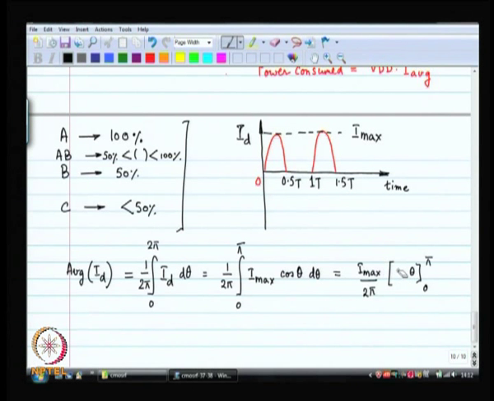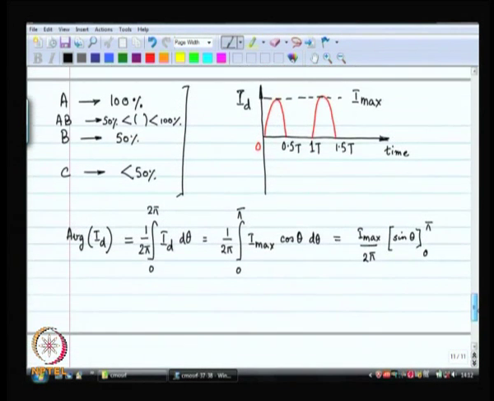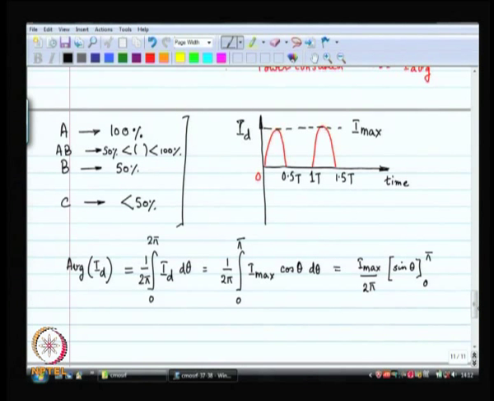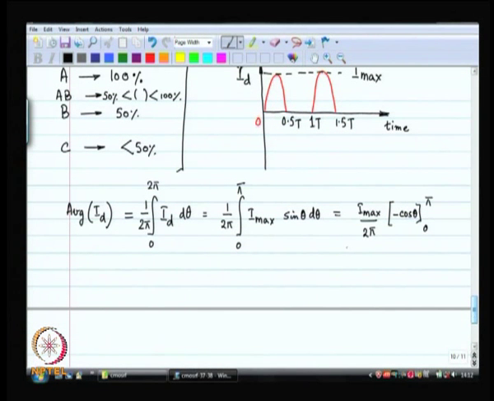Integral of cos is sine or minus sine. Integral of cos is sine. Oh, we have a problem here, it is not cos. The waveform that I have drawn is not a cosine, it is a sine. So, integral of sine theta is minus cos theta, and we go from 0 to pi.